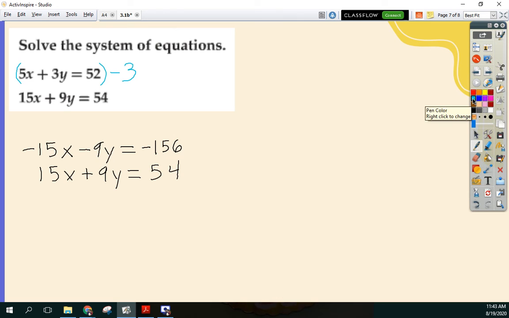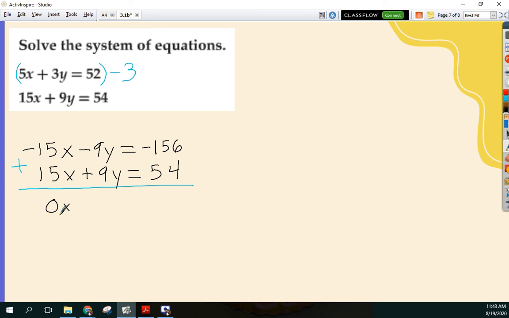So again, we want to add those two equations. So negative 15x plus 15x gives us 0x. Likewise, I have a negative 9y plus 9y also gives us 0y.